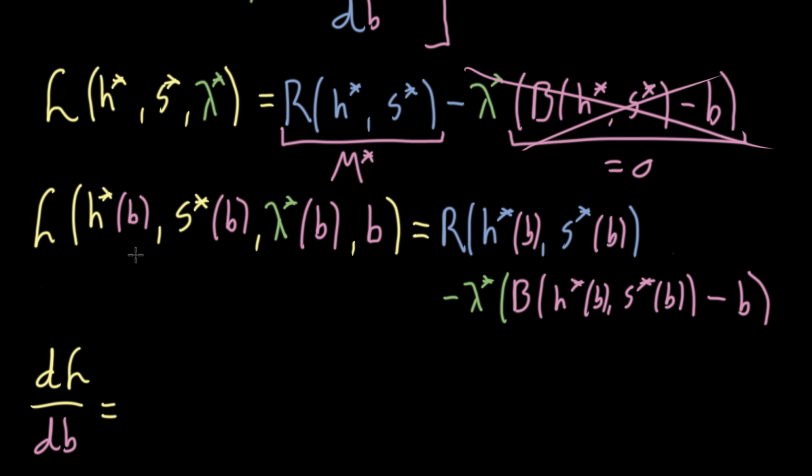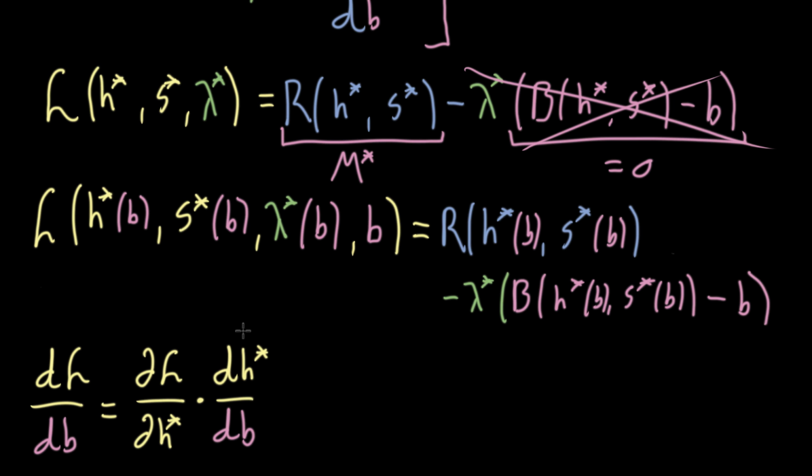So what we do is look at the partial derivatives with respect to all four of these inputs. We'll start with the partial derivative of L with respect to H star, and we're going to multiply that by the derivative of H star with respect to b.